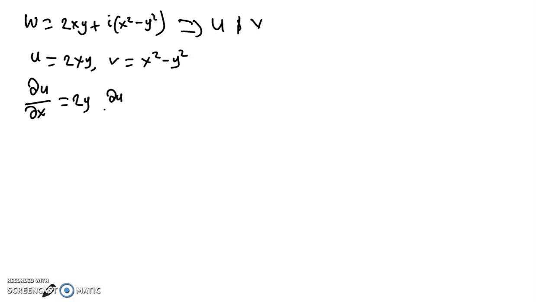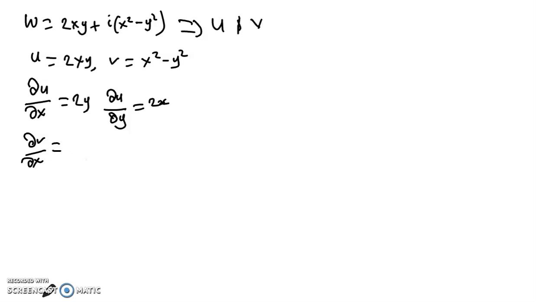With u, we are still differentiating with respect to y. This will give us 2x. Then we also want to do dou v dou x.